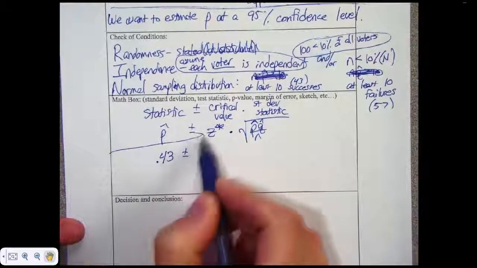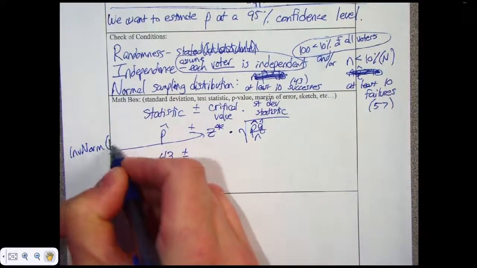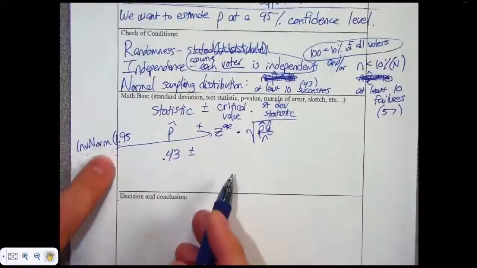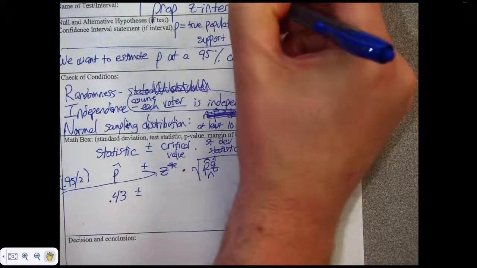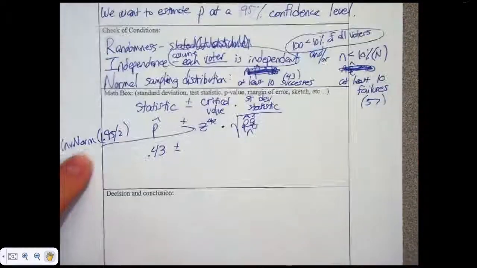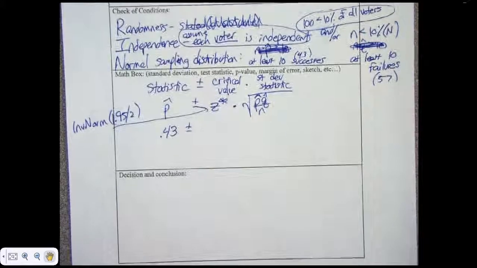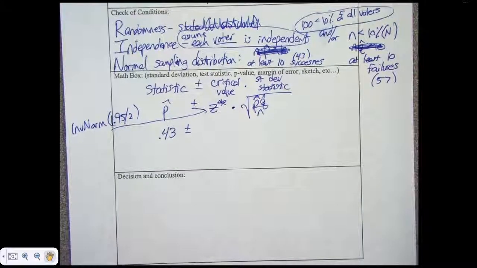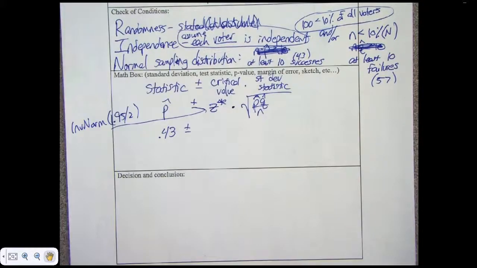For Z star, you don't need the degrees of freedom when you're not in means. So you just do inverse norm, 1.95 divided by 2. Z is normal, so we don't need to use T's anymore. We only use T's in means.